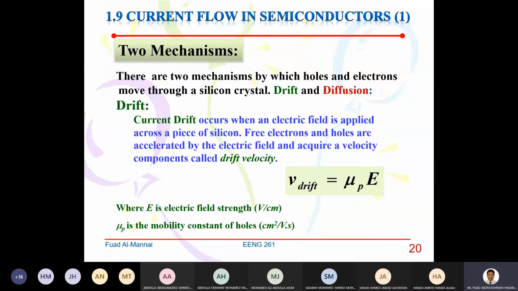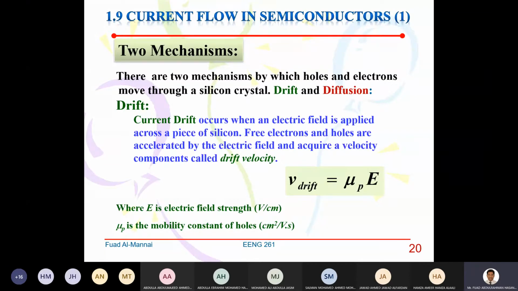This drift velocity, v drift, is equal to mu p times E, where mu p is the mobility constant of holes, in this case, and E is the electric field strength.